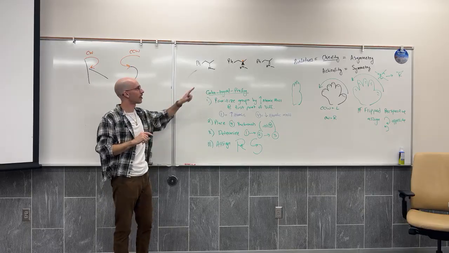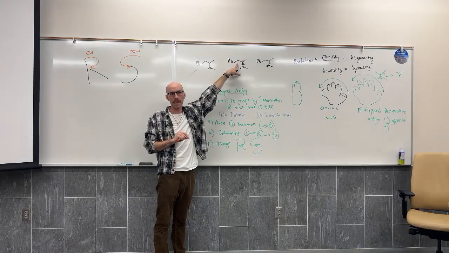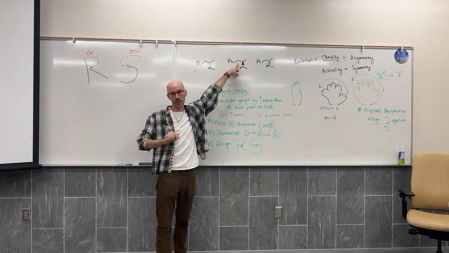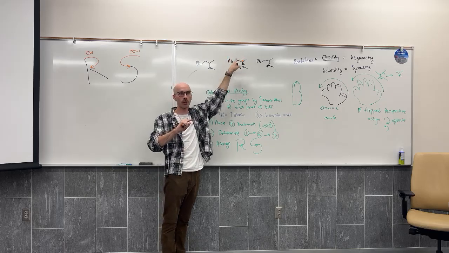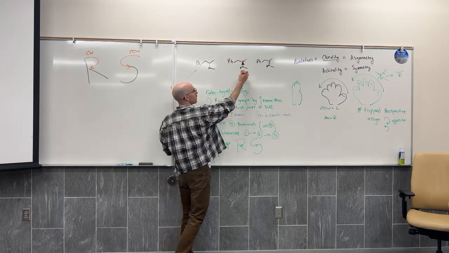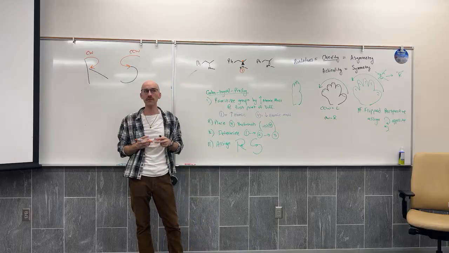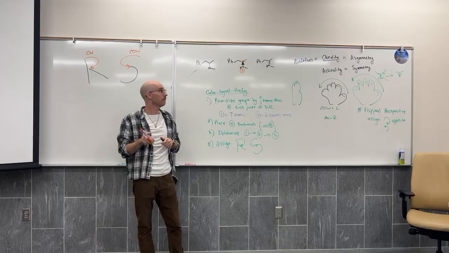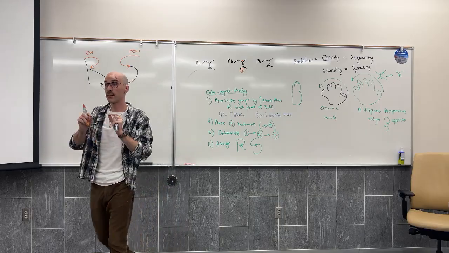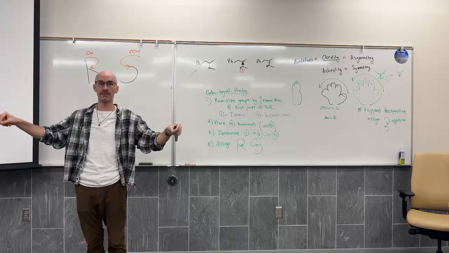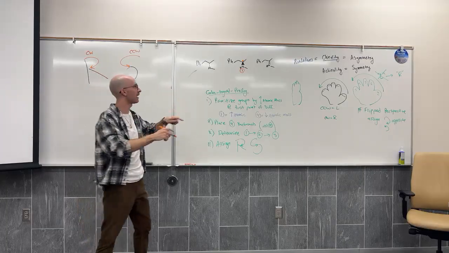All right, so let's look at this chiral carbon. What is the highest priority group? The nitrogen. This chiral carbon is connected to nitrogen, carbon, carbon, and hydrogen. Highest priority is nitrogen. The lowest priority? Hydrogen. Then the two carbons have the same atomic mass, so we look for a point of difference, and we look at the highest atomic mass.